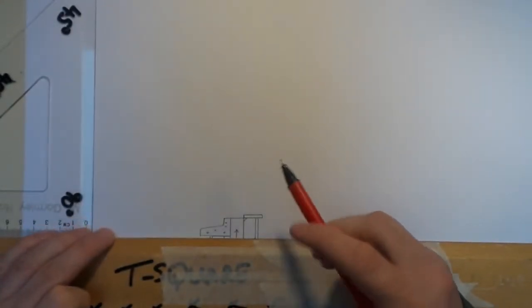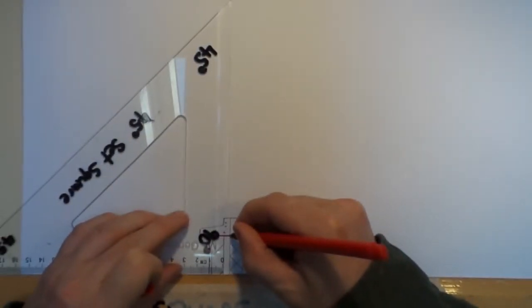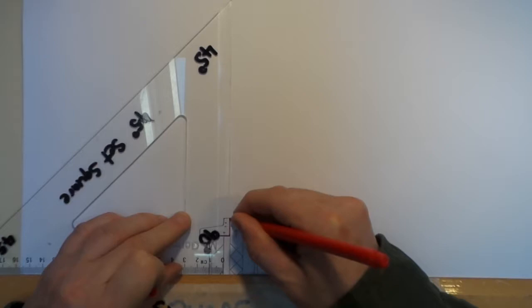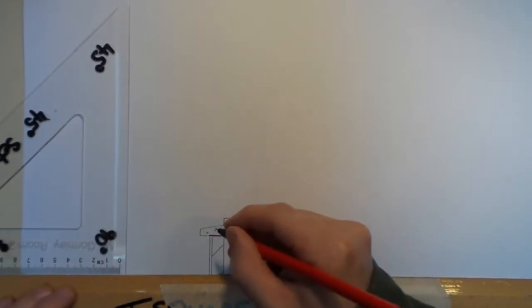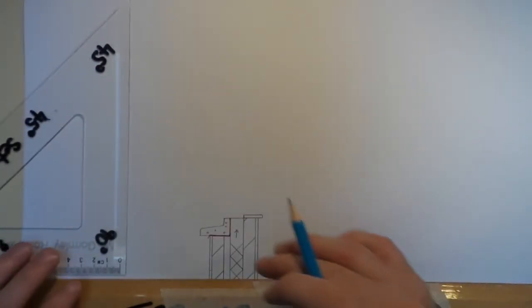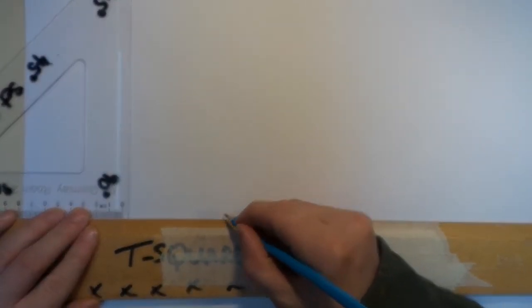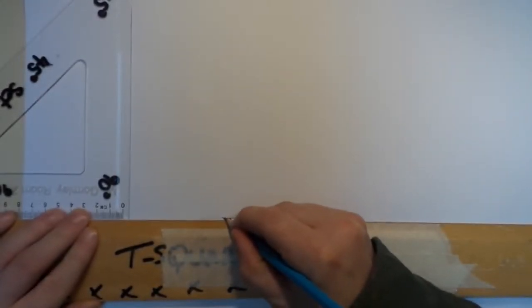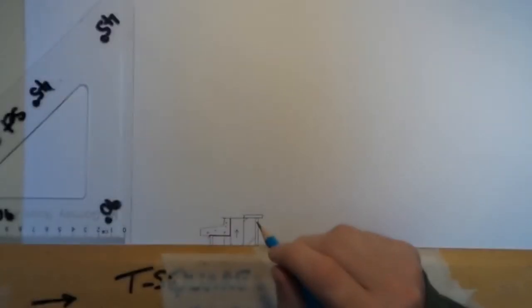And underneath the windowsill and wrapped around the windowsill is some DPC. Then we put in our window board. So our window board will project out in this instance.